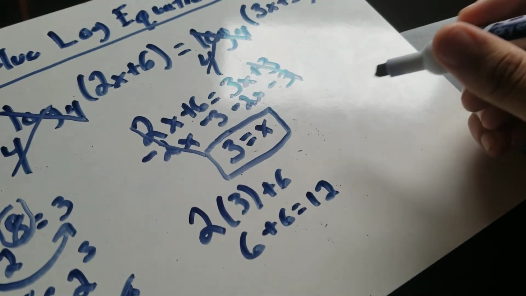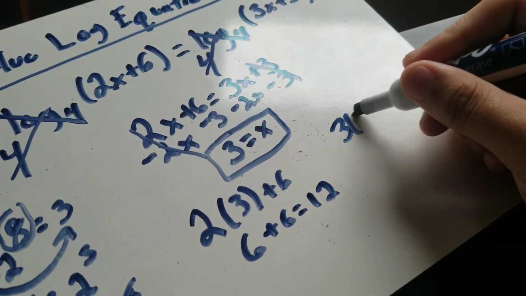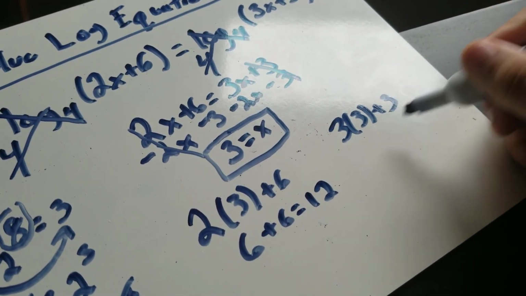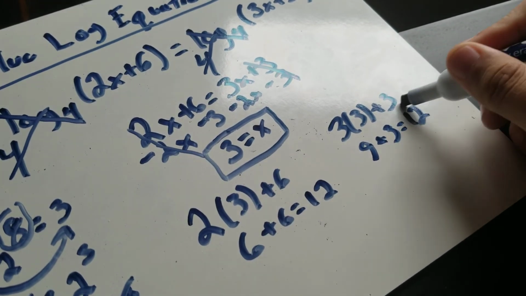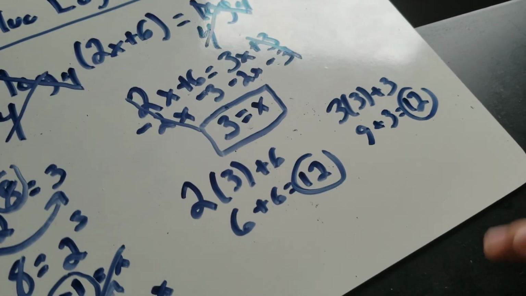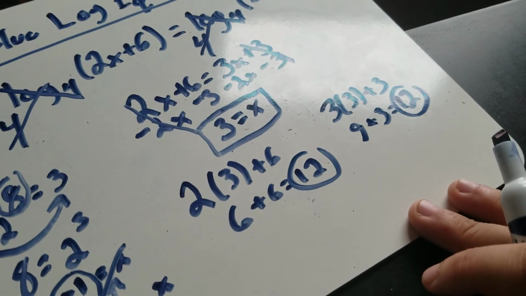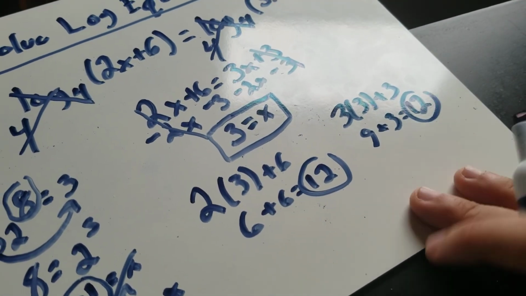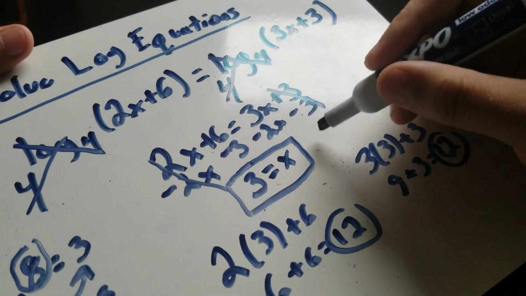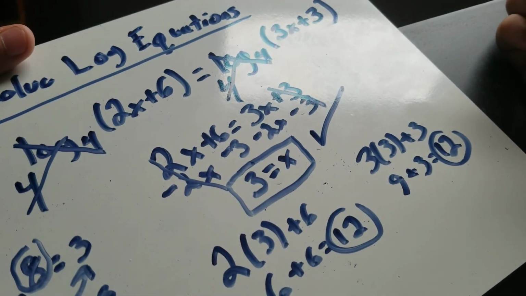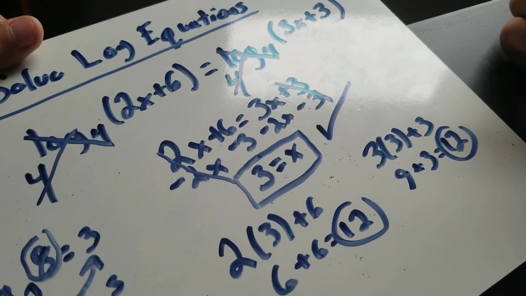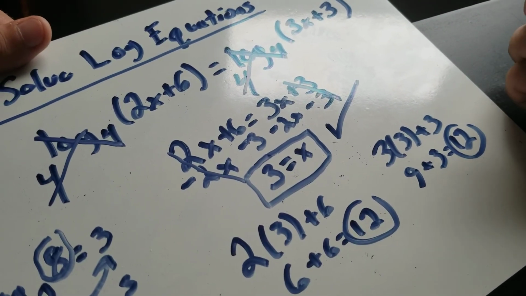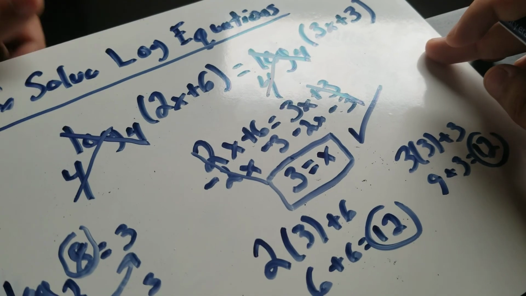And I'll go check my work by doing the other one. 3 times 3 plus 3. 3 times 3 is 9 plus 3, which is equal to 12. So you notice they both equal, and very important, a positive 12. So since they both equal a positive 12, this is a solution. So we put a big check mark right there. We are happy. So I'm going to do 2 more examples. One is going to be with an extraneous solution.